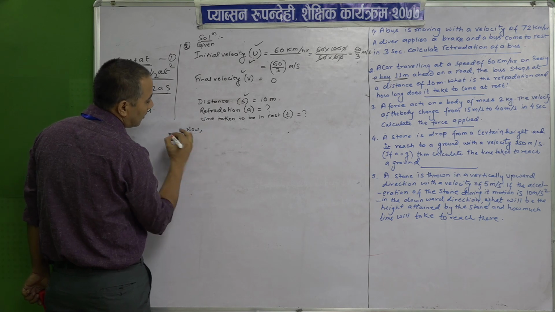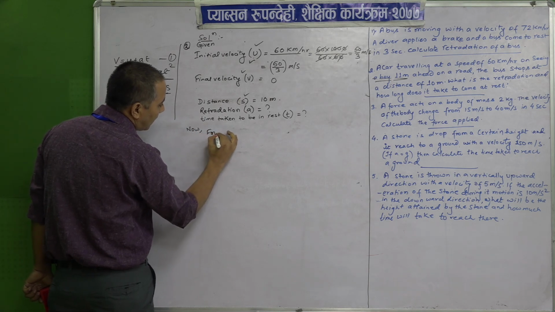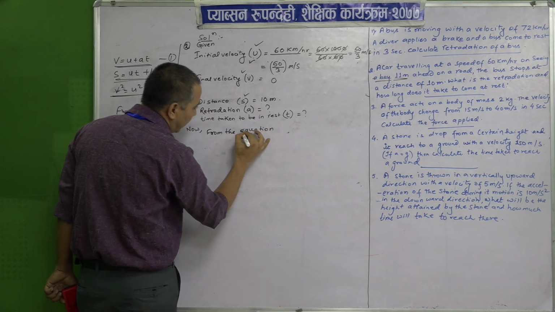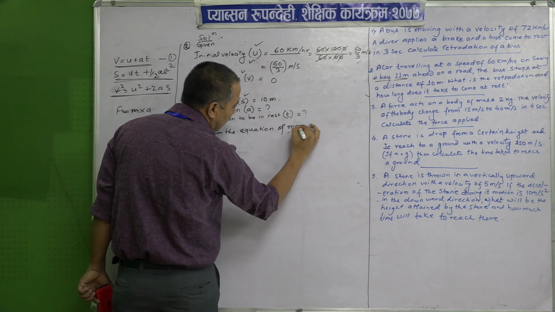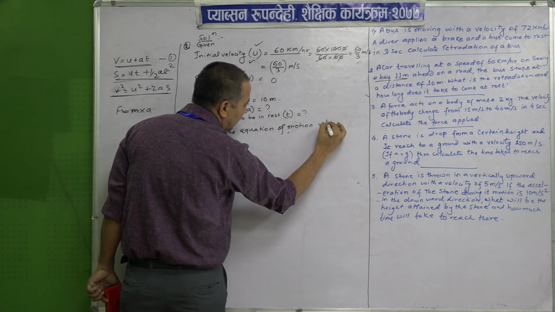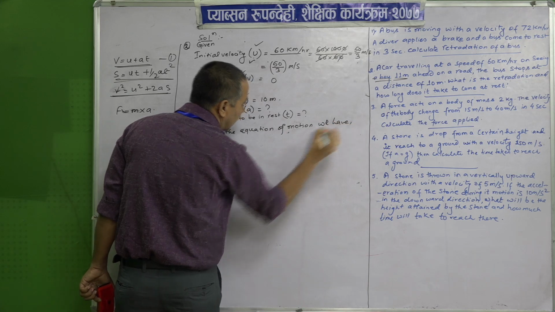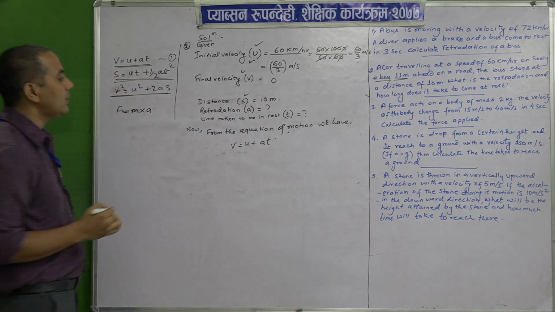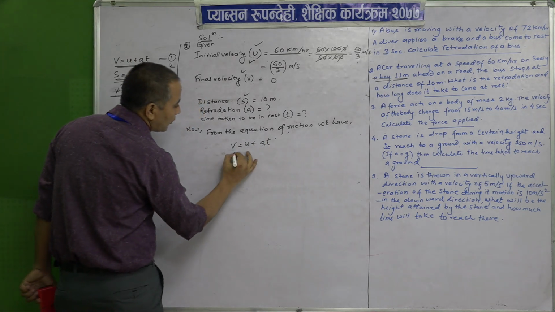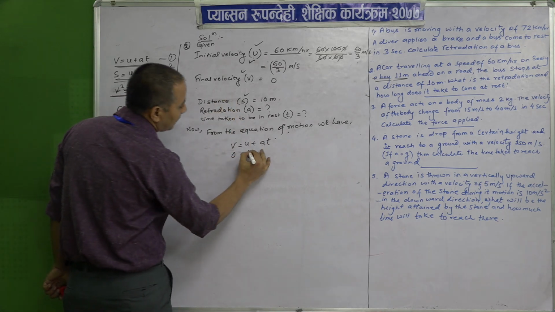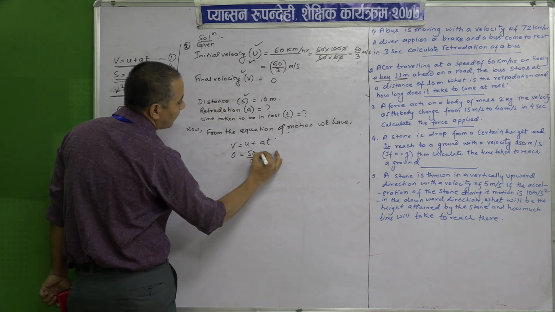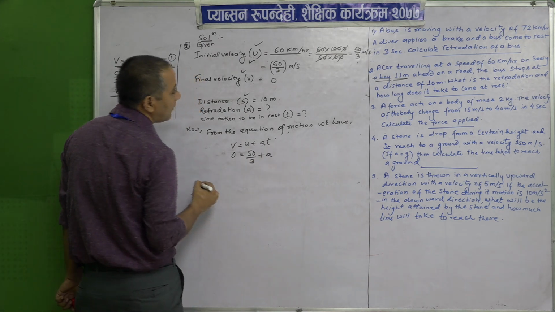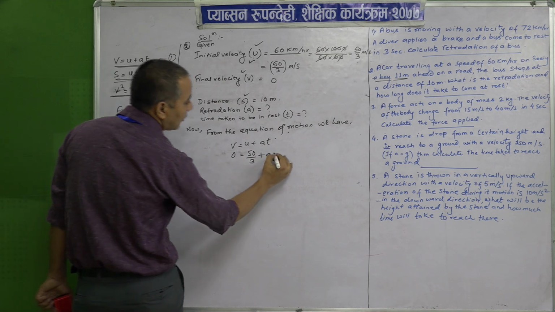Now, from the equations of motion we have v equals u plus at. Here v is 0, u is 50 upon 3, a is to be found out, and time is not given.